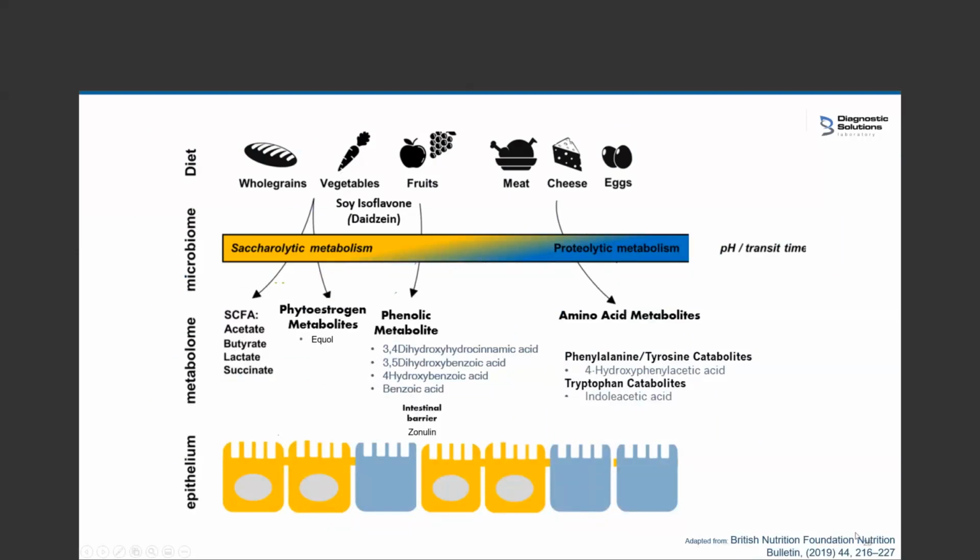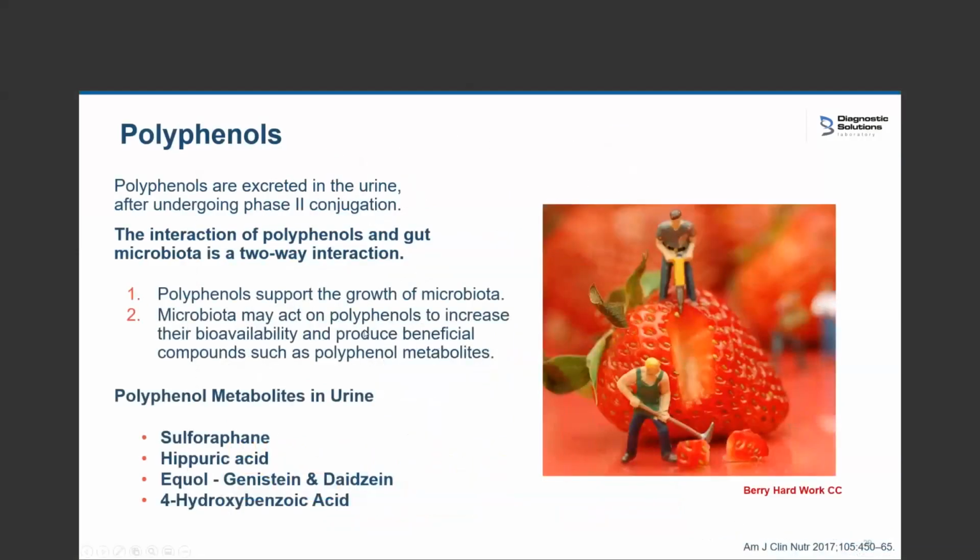This is also a great article looking at polyphenols excreted in the urine. It's a two-way interaction with the gut microbiome. Polyphenols support the growth of microbiota, and the microbiota act on the polyphenols to increase their bioavailability and produce compounds like hippuric acid, equol, or 4-hydroxybenzoic acid.